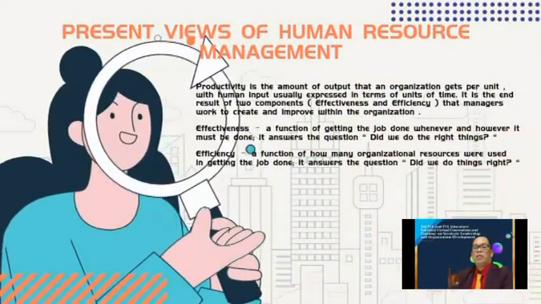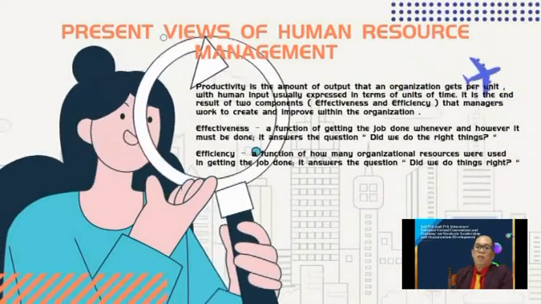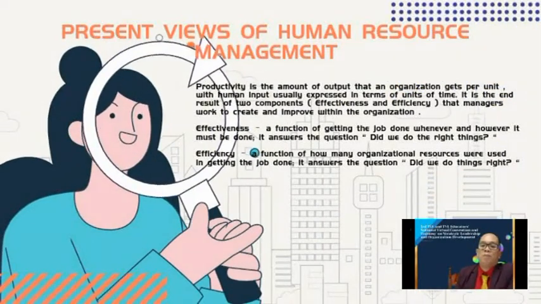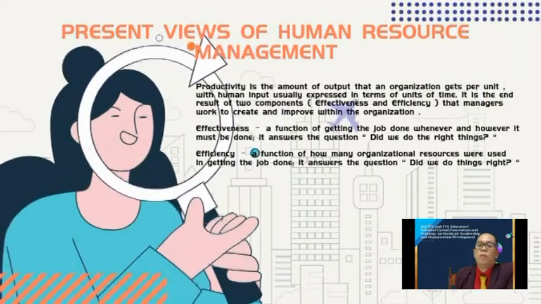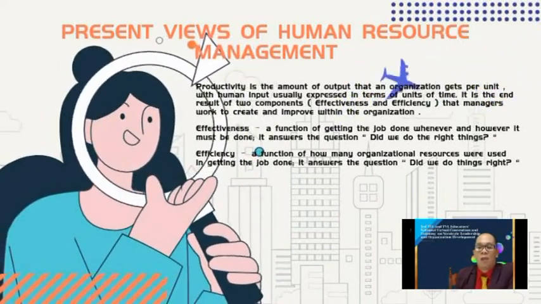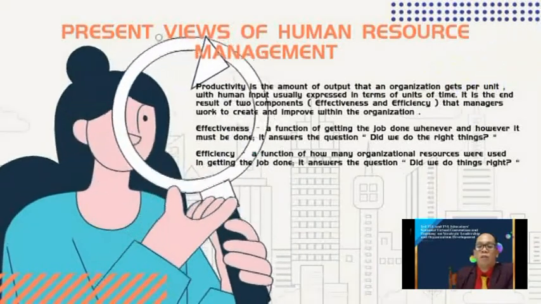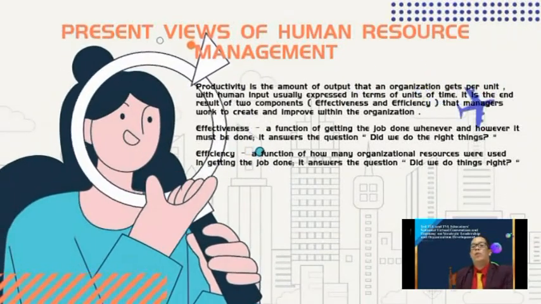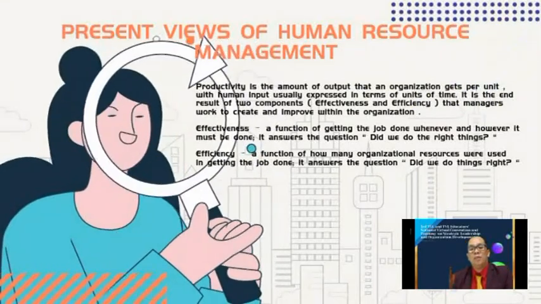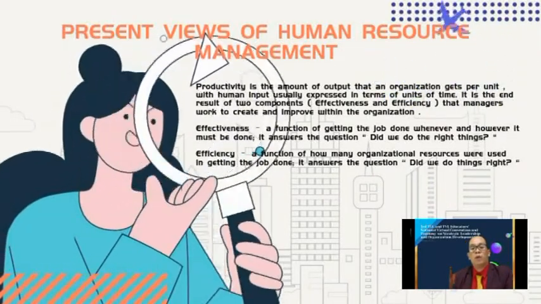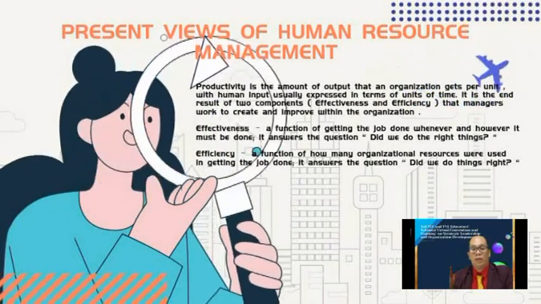Productivity, let's define what is productivity. Productivity is the amount of output that an organization gets per unit of human input, usually expressed in terms of units of time. It is the end result of two components. What are these two components? Effectiveness and efficiency, that managers work to create and improve within the organization.